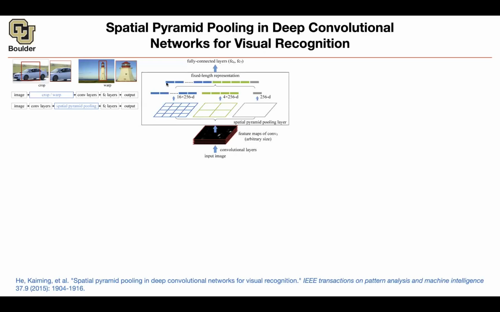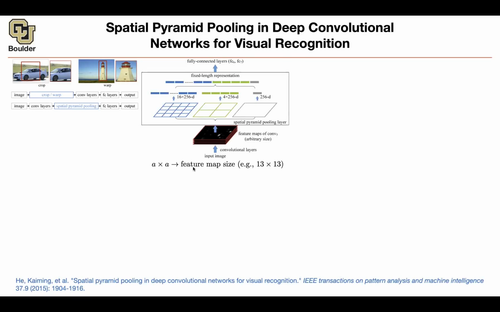The cool thing is that this vector is now fixed dimensional. It has a fixed length. This pooling could have different sizes, but it doesn't matter because in the end you're gonna have 1 plus 4 plus 16 of them, and you're pooling on different sizes for your bins, so you can have different pixel dimensions here.